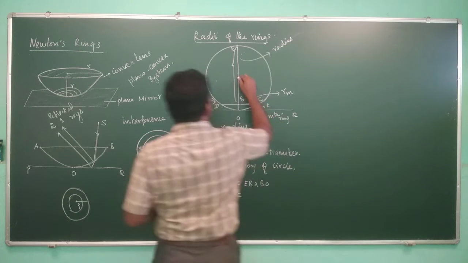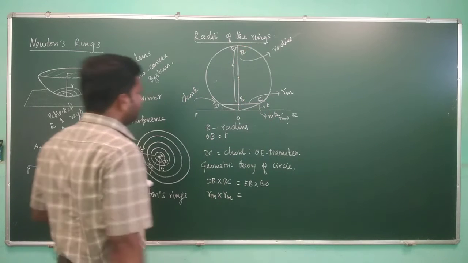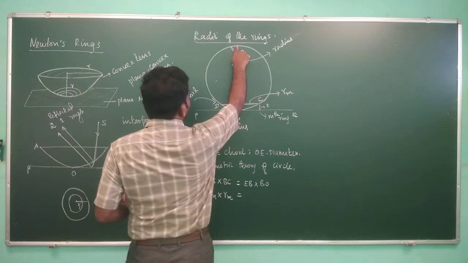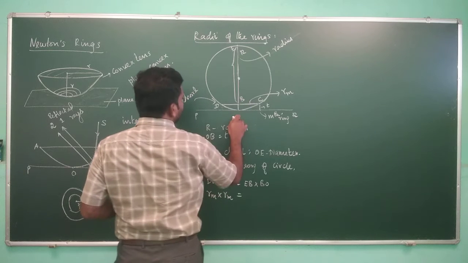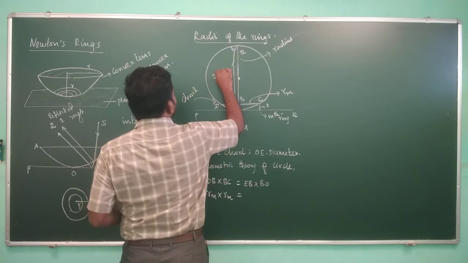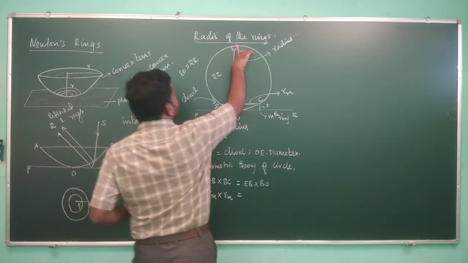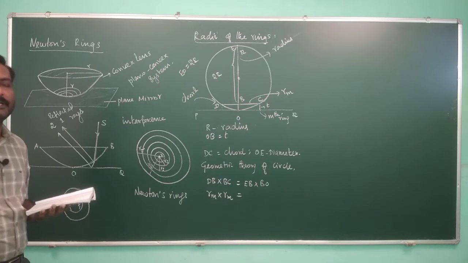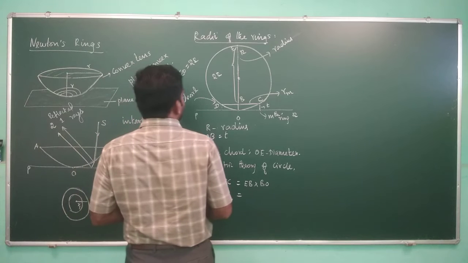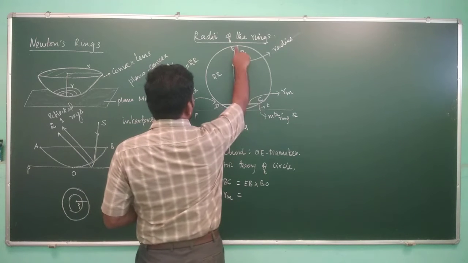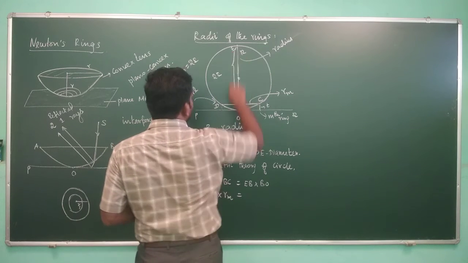If R is the radius, then from this point to this point it is radius R. So if you want EB, EO is 2R. EO equals 2R if R is the radius. Earlier I said it is the diameter. Sorry, let us assume it is a radius. So in that case, EO is 2R, and what we want is EB.